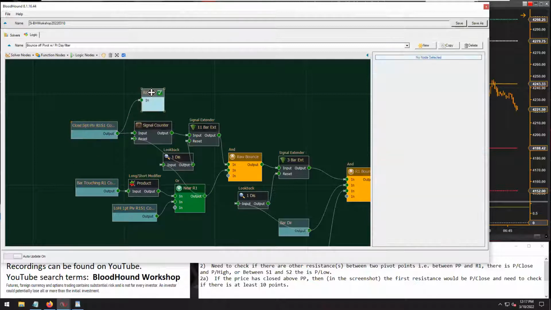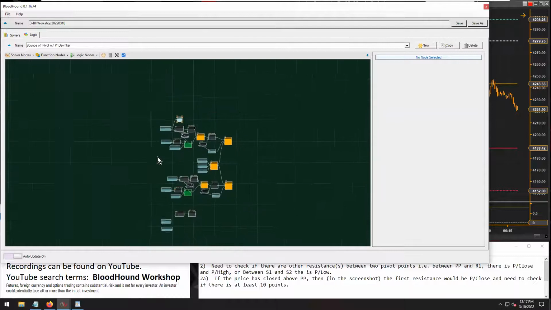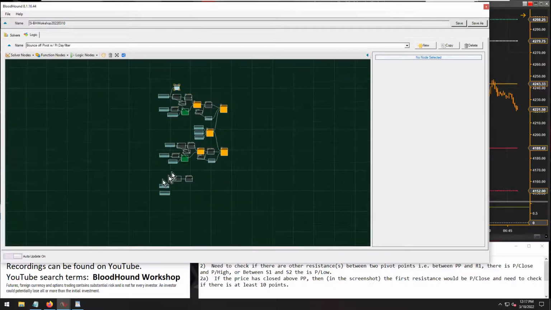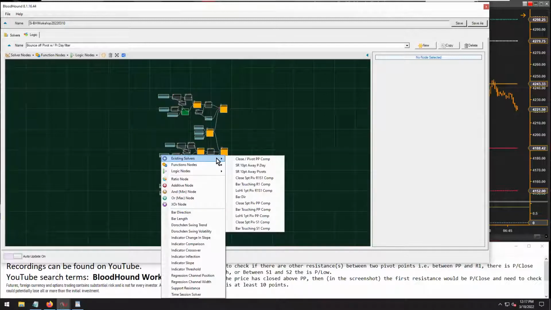So I can use that down here. Let me move this back down, connect that up. And so I'm going to go to my existing nodes, and there we go.